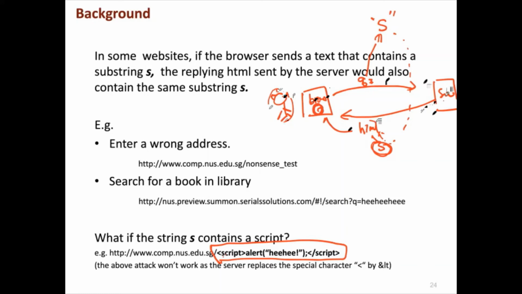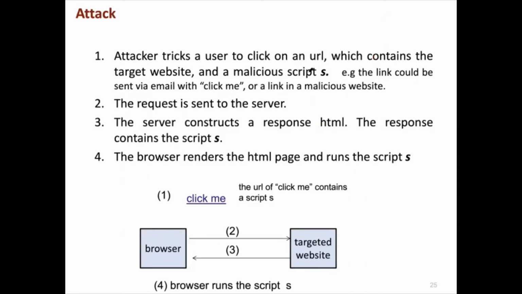For example, the attacker tricks a user into clicking on a URL which contains the malicious script. How does it work? For example, by writing a phishing email. This email is sent to the victim, and it has a link called click me. This click me contains the malicious script.